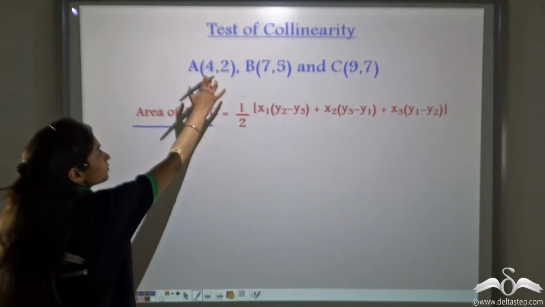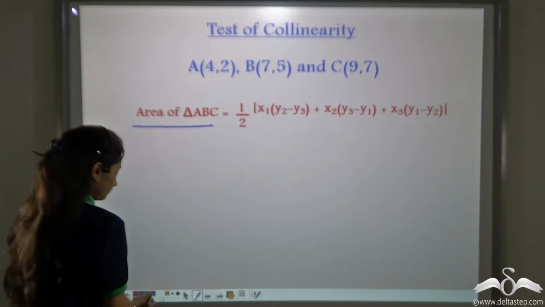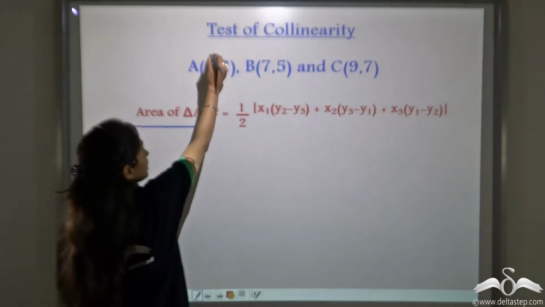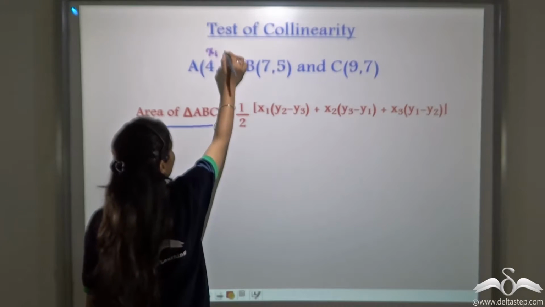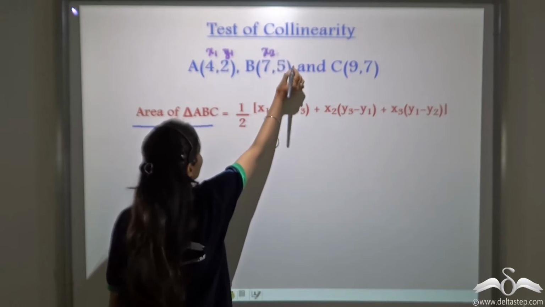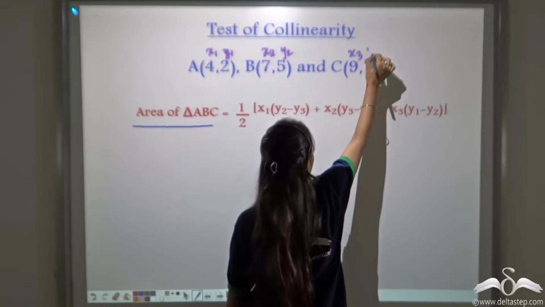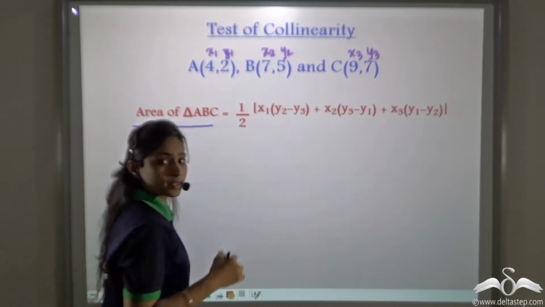Okay, so now we substitute these values and we take out the answer. Let's first name these x1, y1, x2, y2, x3, y3. Now let us substitute.